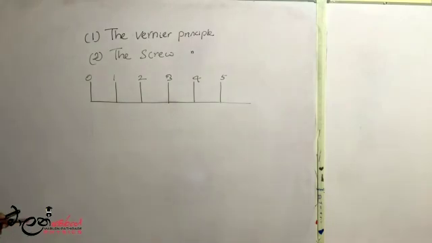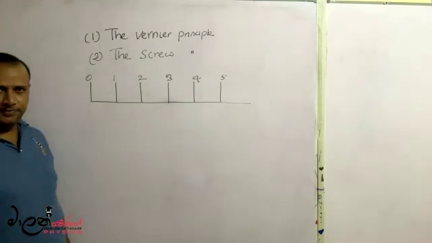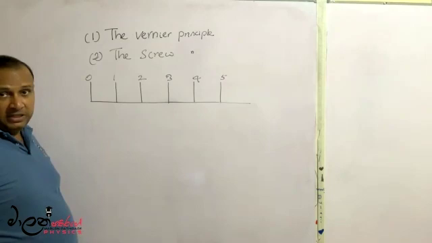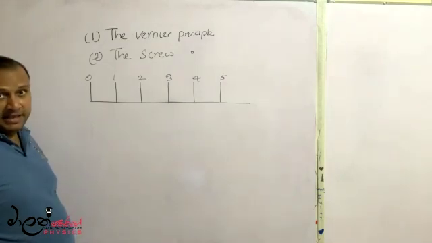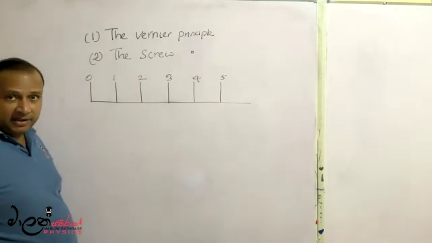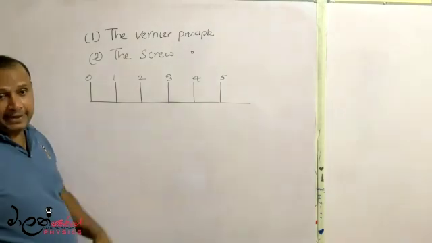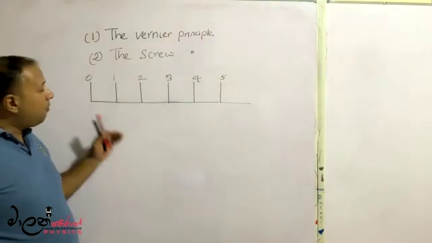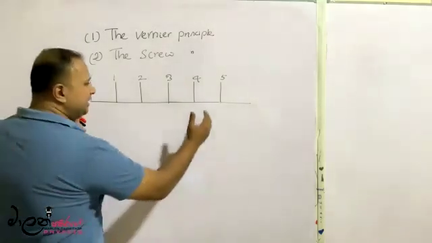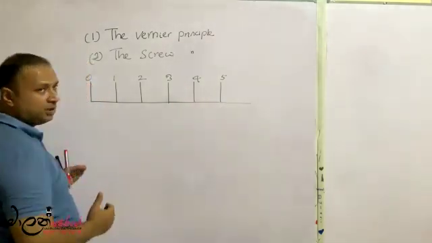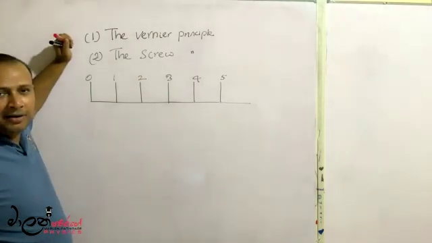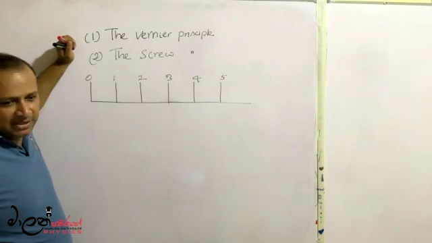Do you know what Vernier did? Actually, when you use this, Vernier's main scale is there, and he created another scale by dividing a certain length of the main scale into another number of divisions.